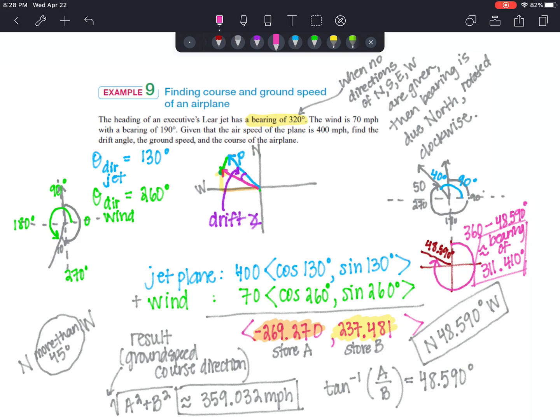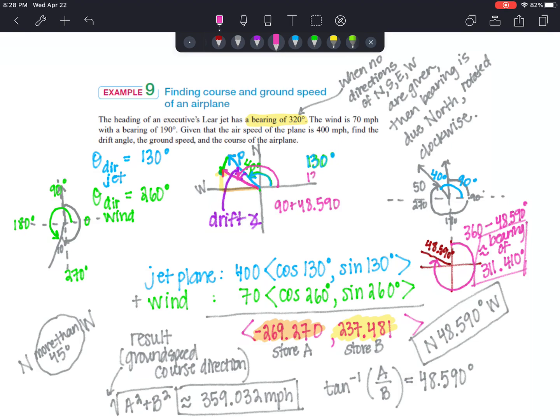Now the drift angle, remember we talked about this, the drift angle is between the original angle and the resulting angle. So the original angle was 130 degrees, and that 130 degrees came from 40 degrees right here. So this angle right here was 130, right? I should put that in blue. 130, right? There's your 130. This pink angle is 90 plus the 48.590.